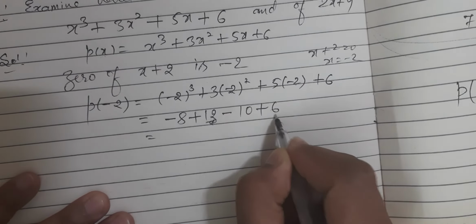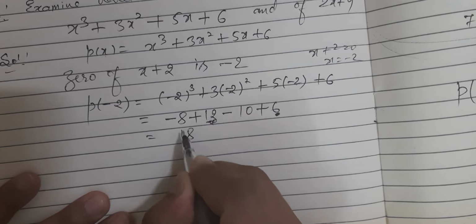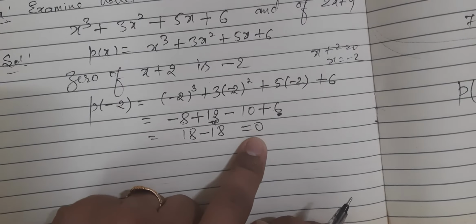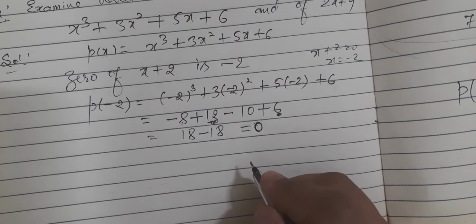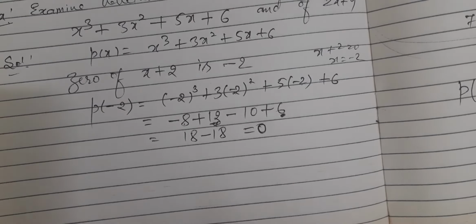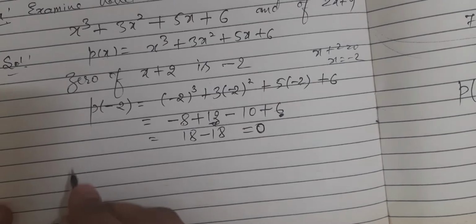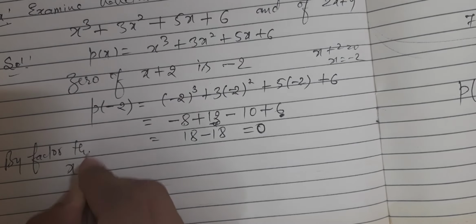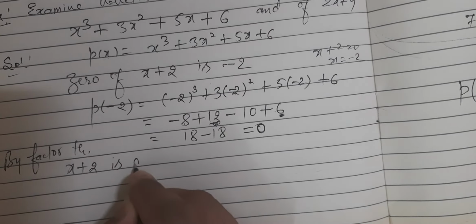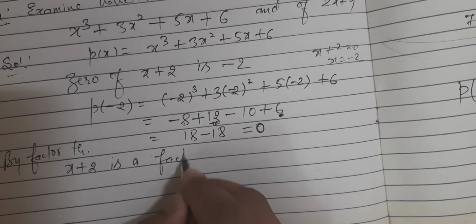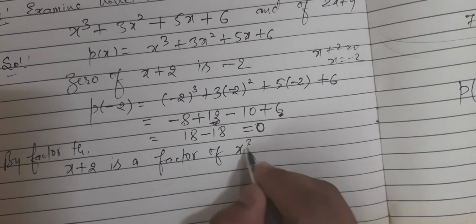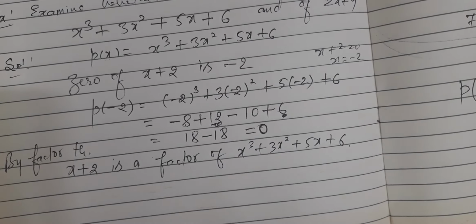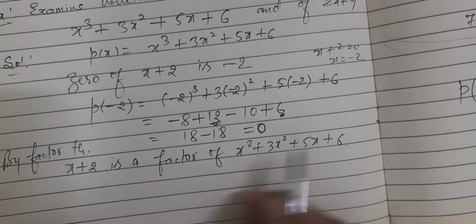So 12 plus 6 is 18, and minus 8 minus 10 is minus 18, so the total is 0. See, we are getting value 0. It means the remainder is 0. So by factor theorem, x plus 2 is a factor of this polynomial x cube plus 3x square plus 5x plus 6. If the remainder is not 0, then it is not a factor.